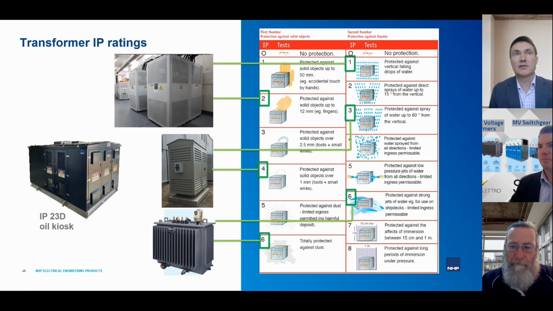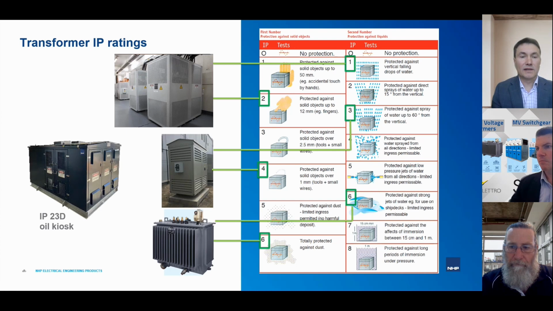However, if you have the possibility of horizontal rain, which is applicable to some tropical regions, it's better to go with a 4 as the second digit, which protects from water shower from any direction. So the overall IP ratings we've seen for the cast resin outdoor enclosures are IP34, IP43, IP44. These are the typical IP ratings used, and for us, probably the most common is IP43 as to what we supply as NHP.